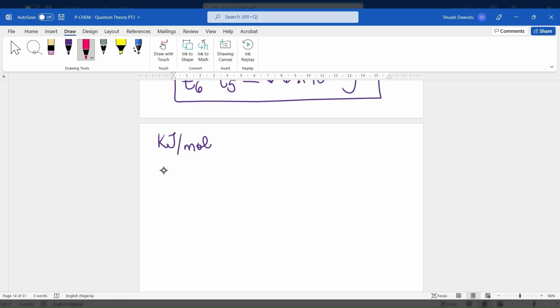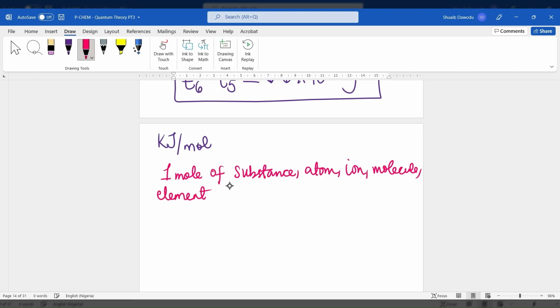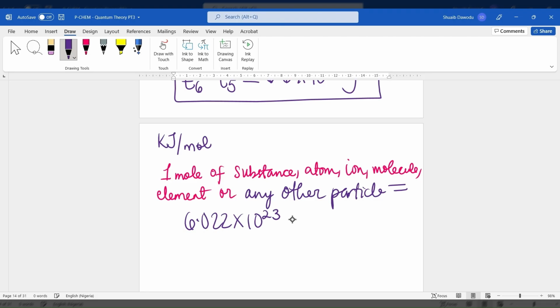We know that 1 mole of a substance, atom, ion, molecule, element, or any other particle is always going to give you Avogadro's number, which is 6.022 times 10 raised to the power of 23 per mole.